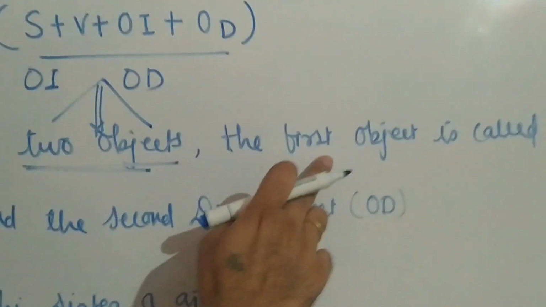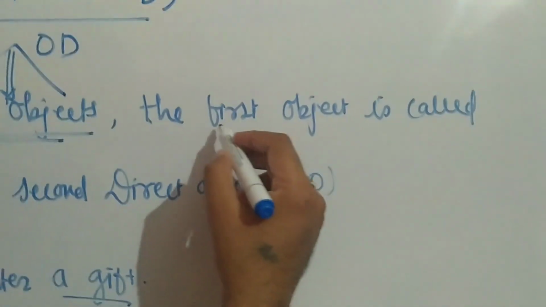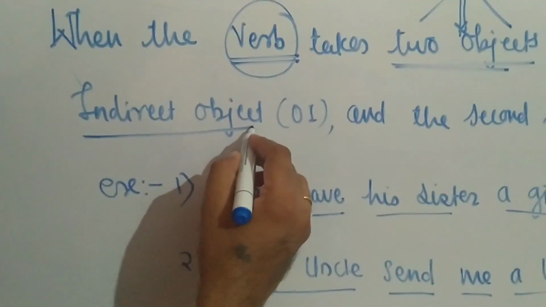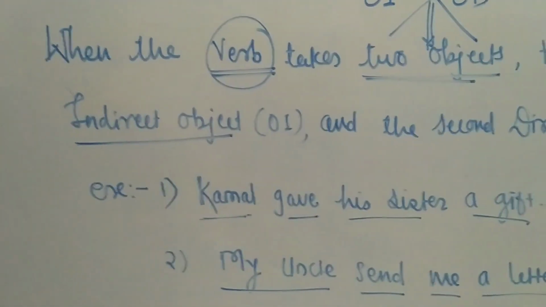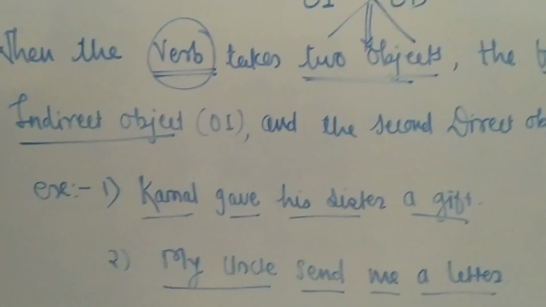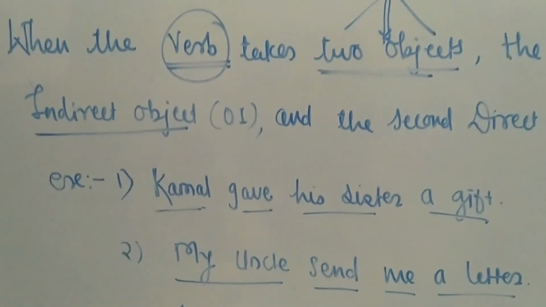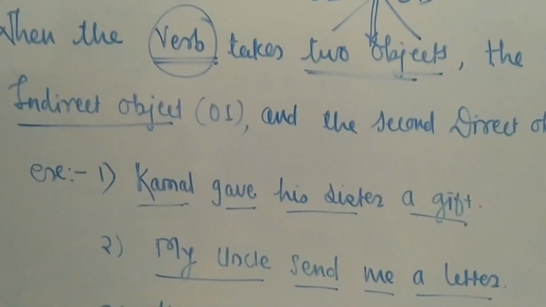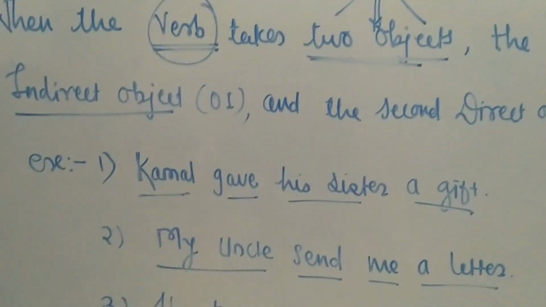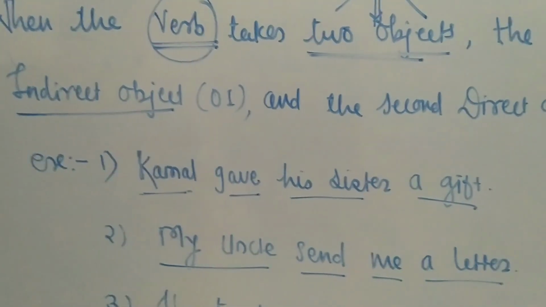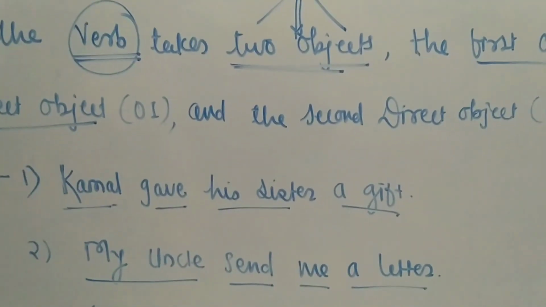The first object is the indirect object. Now dear friends, it is very easy to find out the direct object and indirect object in the sentence. This is proper information.